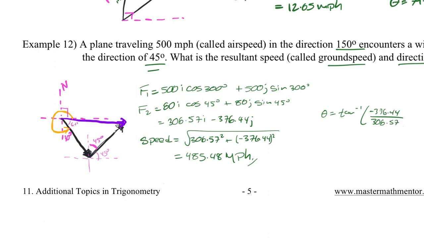So the inverse tangent of negative 376.44 divided by 306.57. That's going to give you negative 50.84 degrees. Right? Now, but it's asking me for the direction.